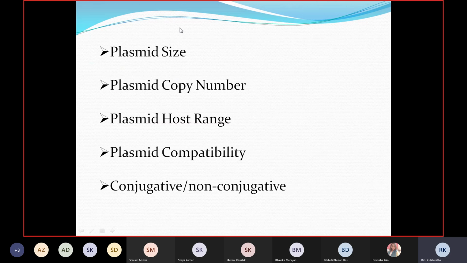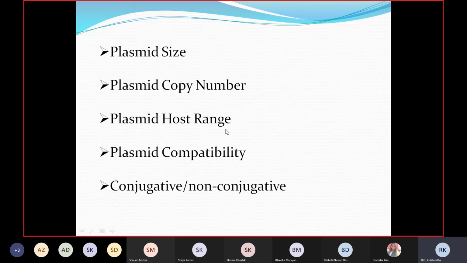So overall, all these points which I have mentioned with respect to plasmids have a bearing on plasmid vectors. Size, I've already told you: smaller the size, larger is the capacity. Higher the copy number, higher the recombinant protein produced. Although in those cases where the protein is toxic, you may prefer plasmids which have low copy number.